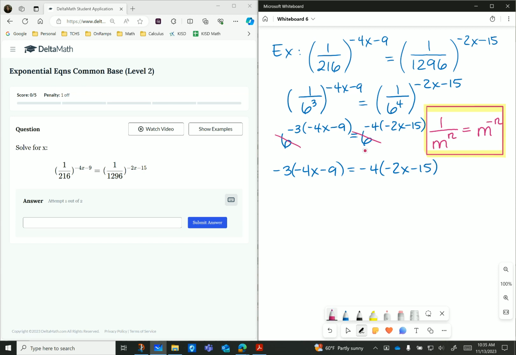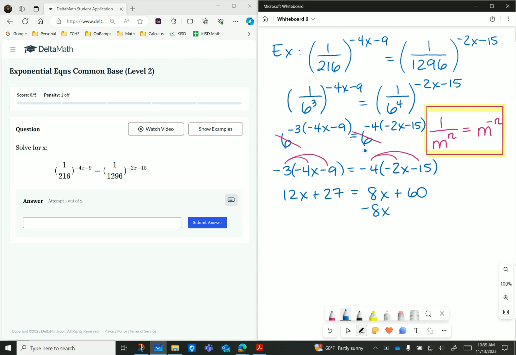Parentheses implies distribution, so negative 3 times negative 4x and negative 3 times negative 9 yields a 12x plus 27. A negative 4 times a negative 2x, and a negative 4 times negative 15 gives me positive 8x and a positive 60.